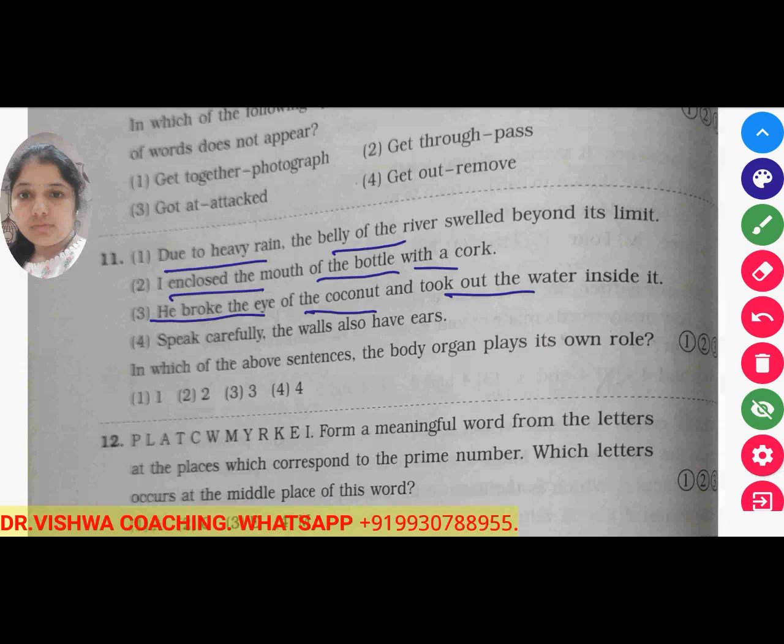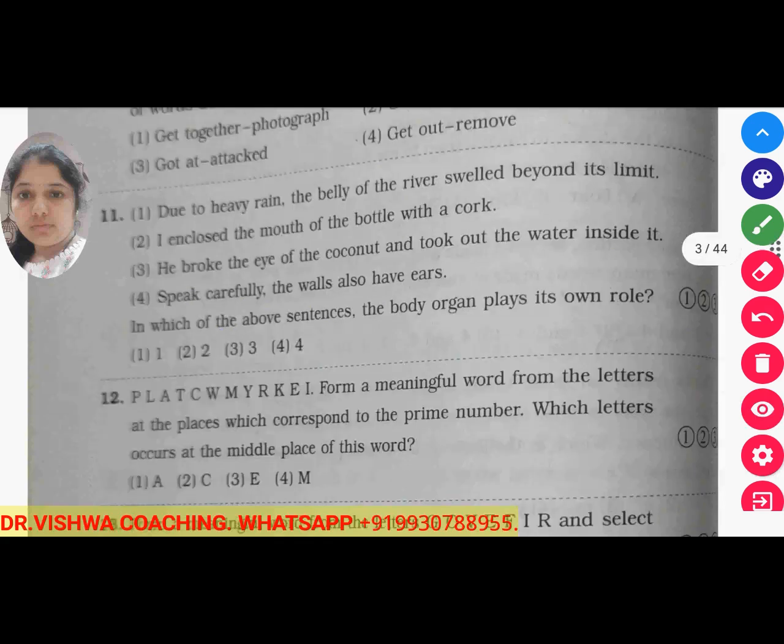Speak carefully, the walls also have ears. So here again, the correct choice is speak carefully, the walls also have ears, where ears are doing their function of listening. Okay, so option number 4 is the correct option here.